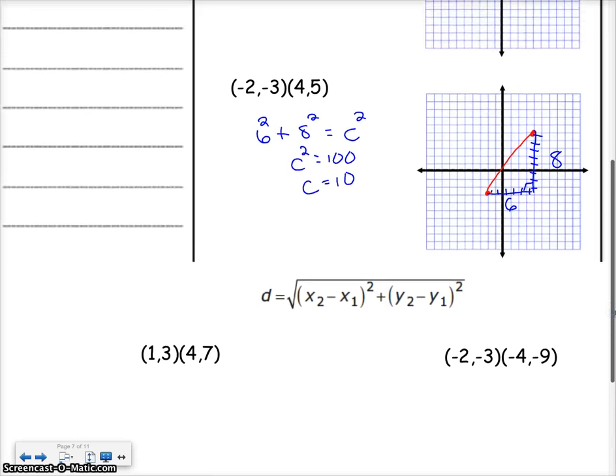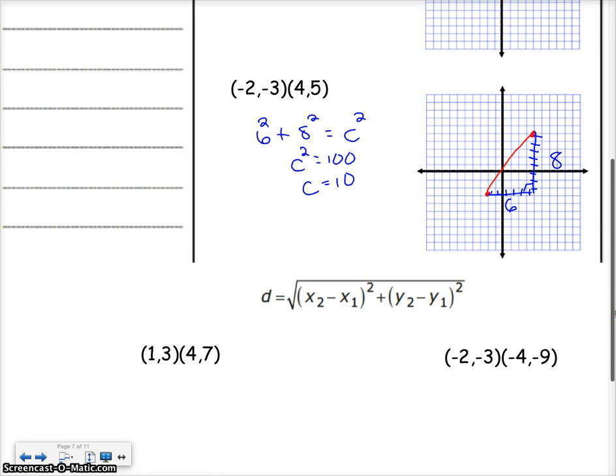Notice here, second x, take away the first x, that's that 6. They're 6 apart. It's just talking about how far apart are the 2 x's. How far apart are the 2 y's? So the 2 x's are 6 apart, and I squared it.